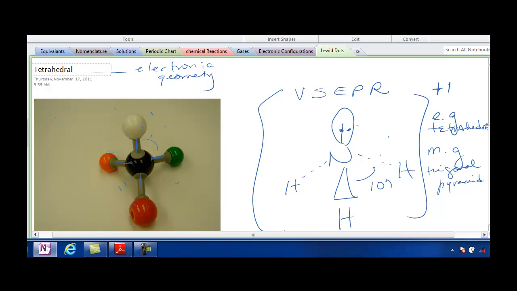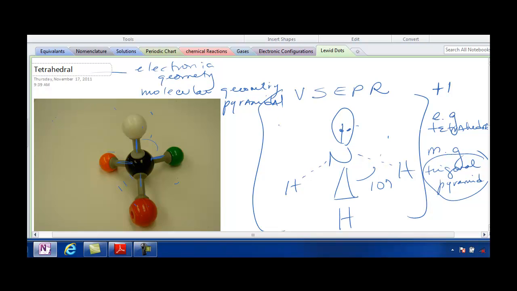But then I consider the molecular geometry. And I said, okay, let's get practical. I can't see electrons. I am only going to see the nitrogen and the 3 hydrogens. Those are my elements. And if I look at the molecular geometry, that's trigonal pyramid. That's pyramidal.